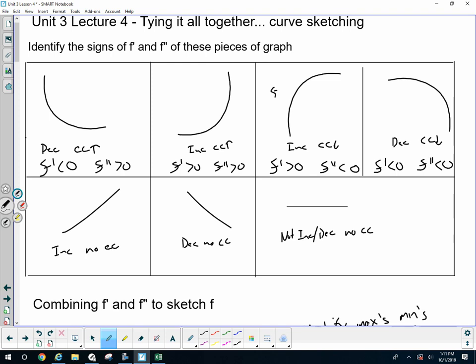It's after lunch, I know, but let's wake up. Our first derivative is positive, our second derivative equals 0. No concavity, no acceleration. Decreasing, no concavity. Neither increasing nor decreasing without any concavity.